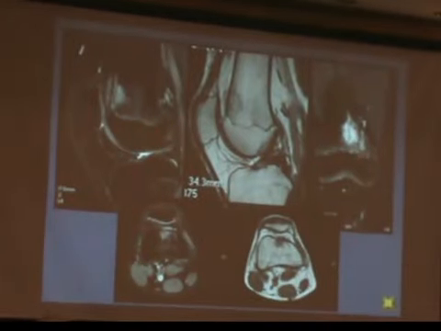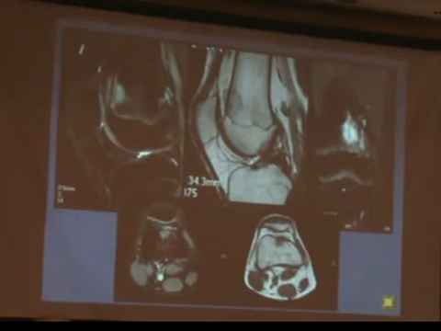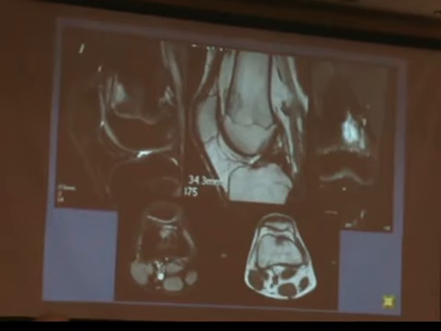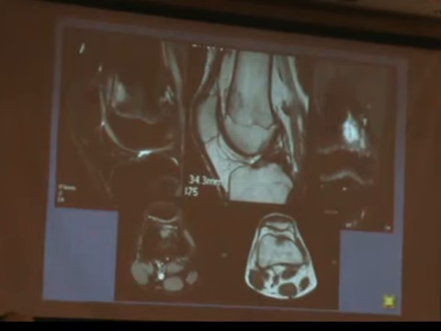Here's an example. This is a high school student who was a very competitive skier and had this MR, and initially they thought because he was so active and constantly exercising that this might be stress reaction or developing fracture. They told him to rest his leg.